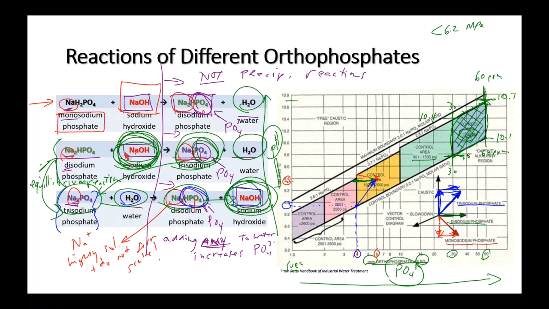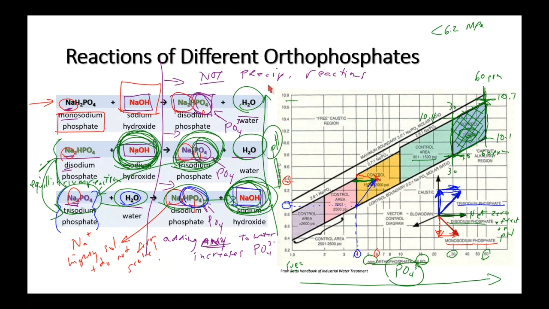And so even though it consumes sodium hydroxide, once it converts to trisodium phosphate, it releases sodium hydroxide, so it has a net zero effect on the pH. Okay, so those are the three phosphates, and that's the type of effect that they're going to have.